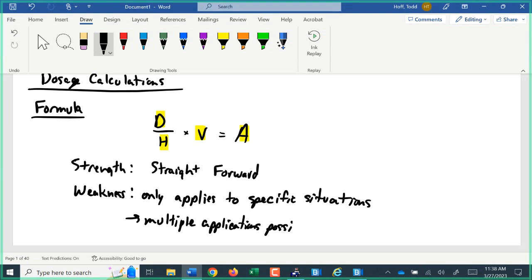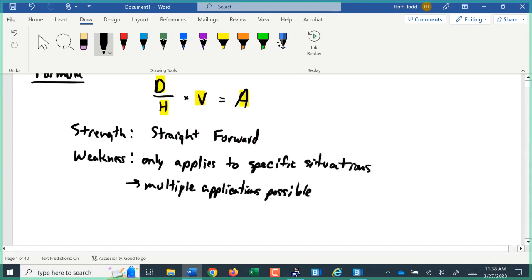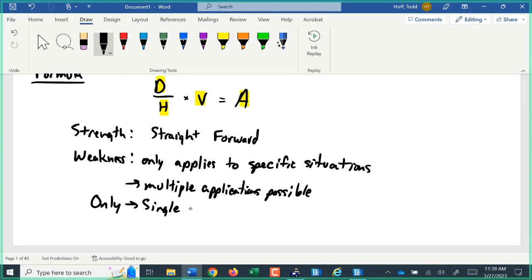And also, it only applies to those straightforward single dose applications. So it can't be used for IV flow rates, any sort of weight-based calculations or anything like that.